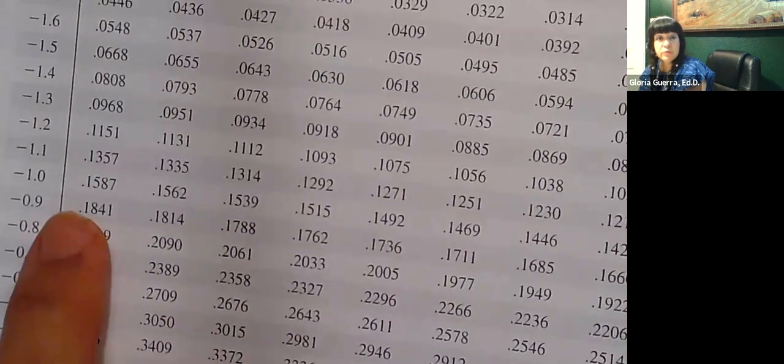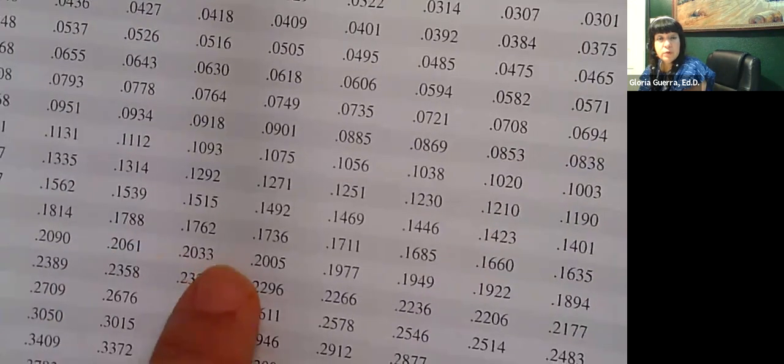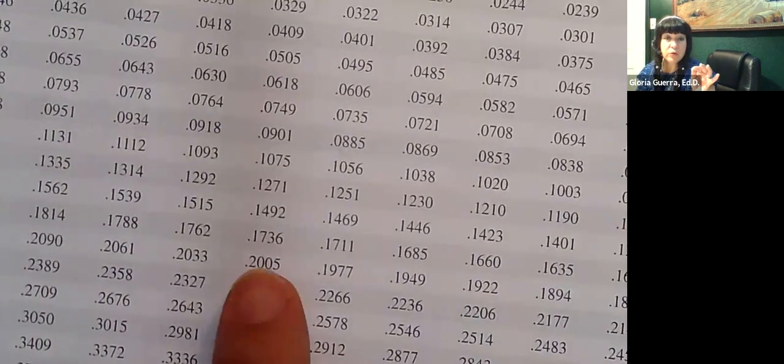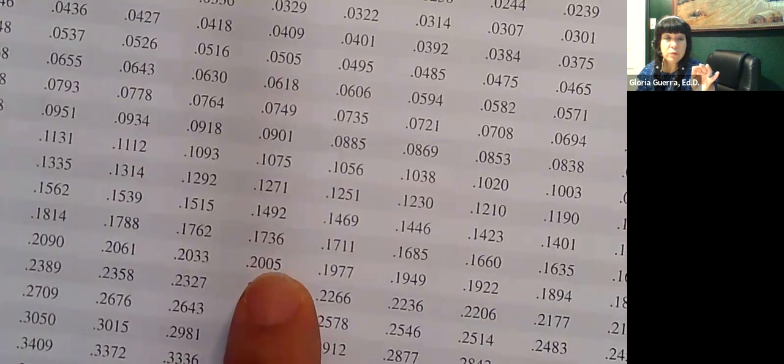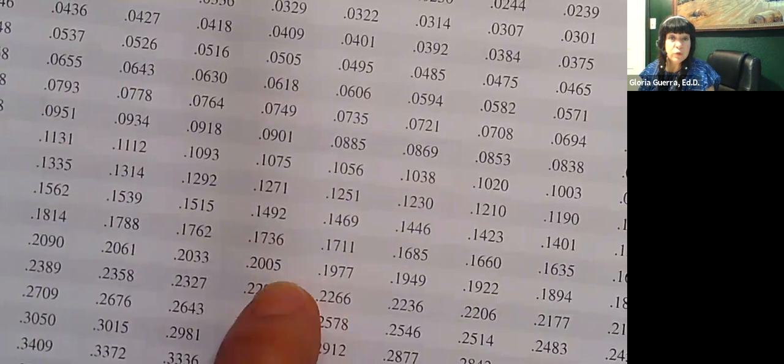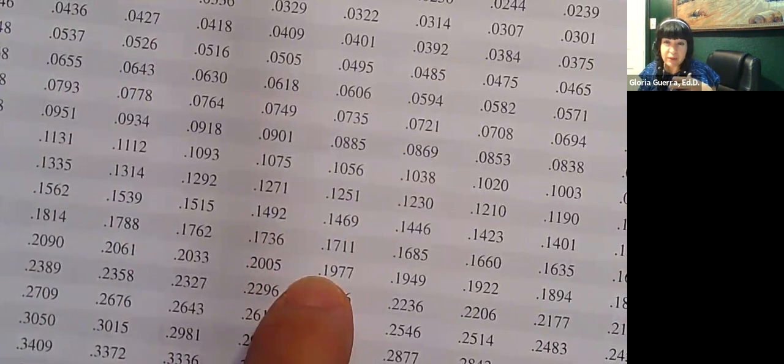Okay, here's some 0.2s. Here we go. 0.2000. So wouldn't it be between these two? Think of it as years. The year 2000 is between 2005 and 1977, right? Just think of it that way.